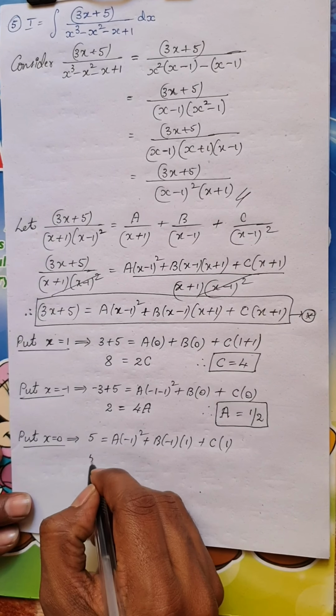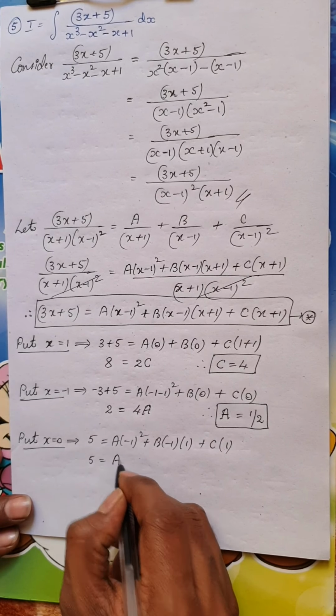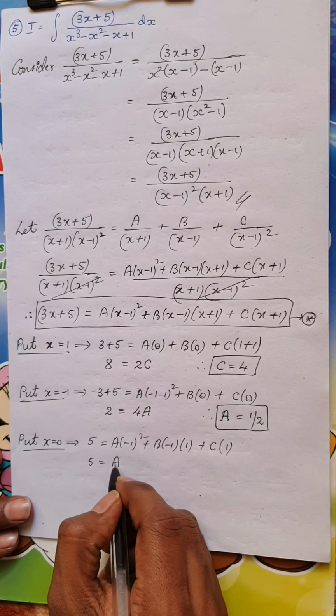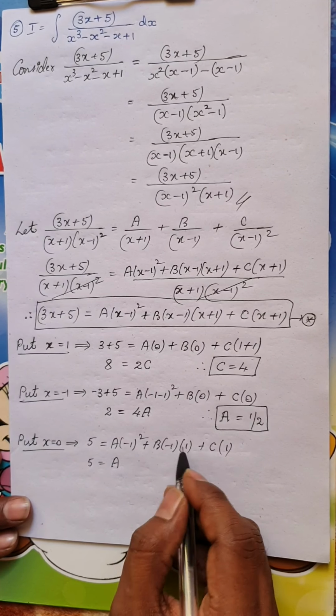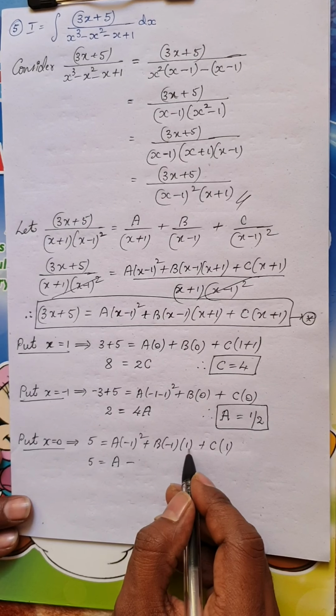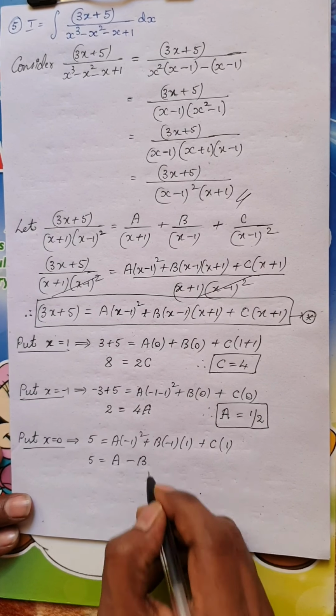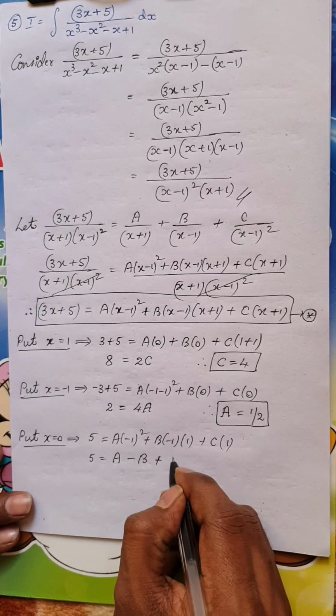So, this becomes 5 is equal to minus 1 square, which is 1 itself, so I will take it a. Minus 1 plus 1 is minus 1 into plus 1 is minus. So, this is minus b plus c.